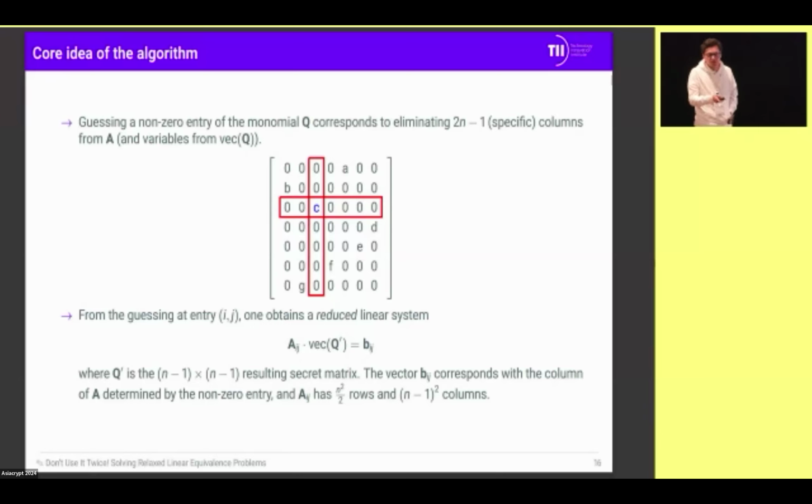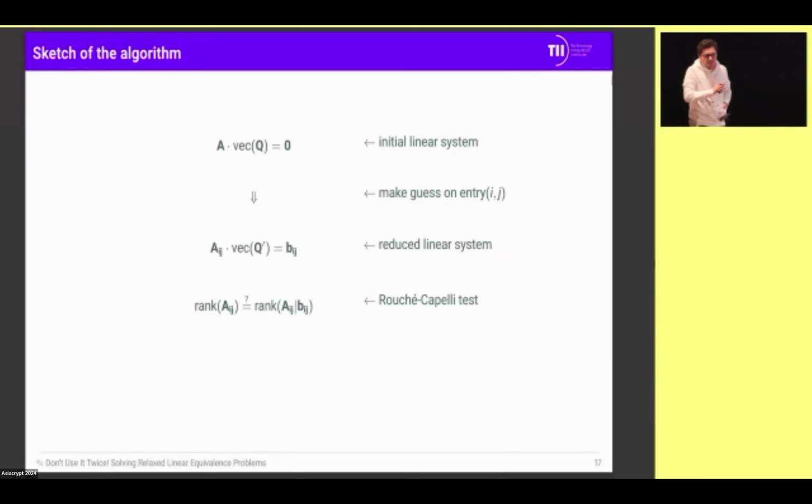We are going to label here A sub ij the matrix that you apply when you do this guess, the columns that you're eliminating. And B is the missing part that we are not eliminating, the one coming from the guessing.